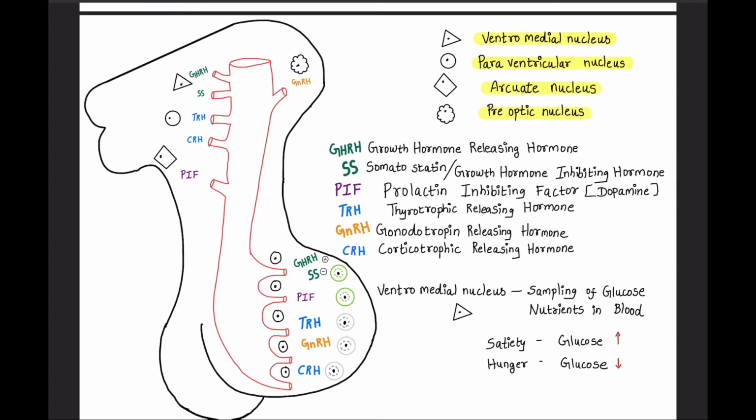Whenever you have increased glucose or high glucose in the blood, you have the feeling of satisfaction, that is what you feel after eating a meal. Whenever there is low glucose in the body, you have this hunger feeling. It is because of the ventromedial nucleus.